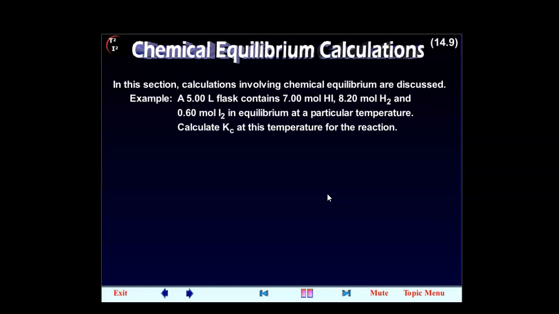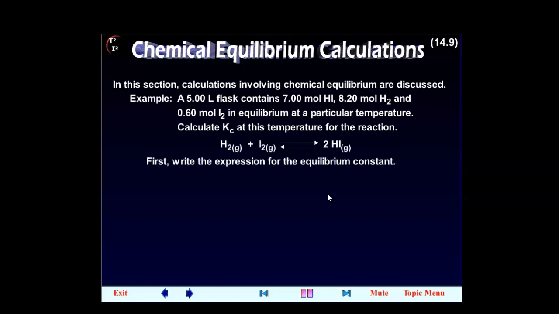Calculate K sub C at this temperature for the reaction. First, write the expression for the equilibrium constant. K sub C is equal to the concentration of HI to the second power divided by the concentration of H2 times the concentration of I2.